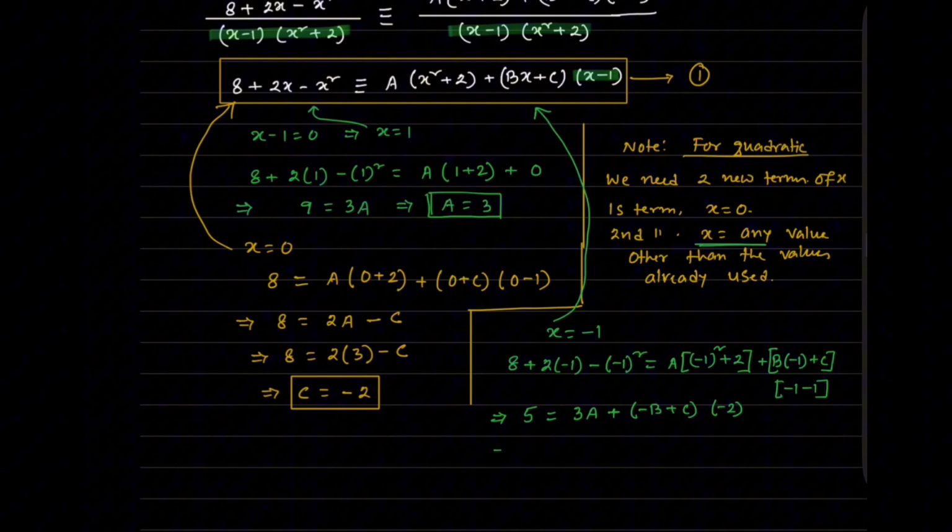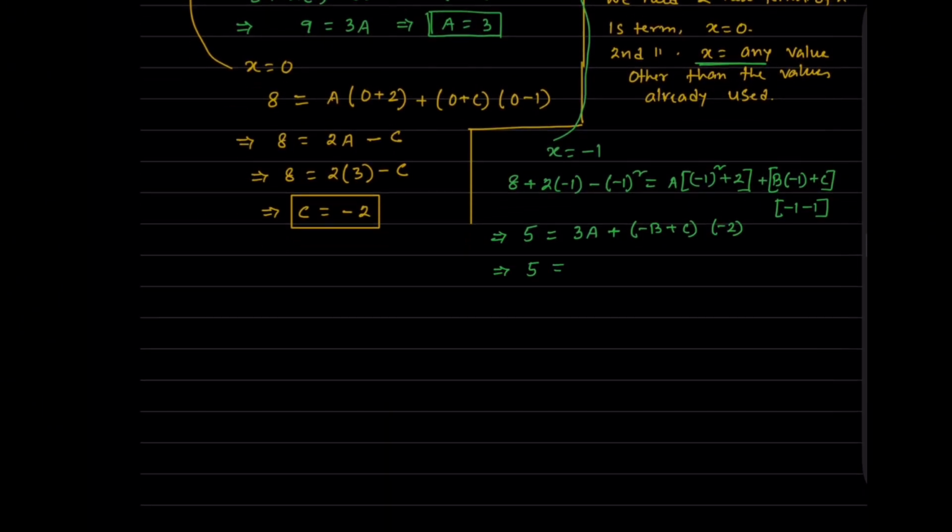So here actually 5 equals, we can write 3a, put the value of a, so 3 times 3, plus 2b, so that is 2b minus 2c, so minus 2 into the c value, which we already know, is minus 2.